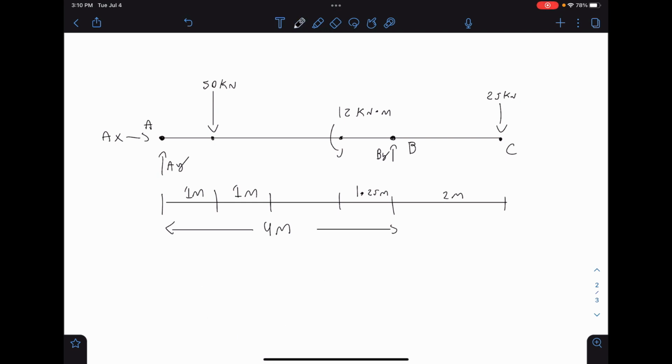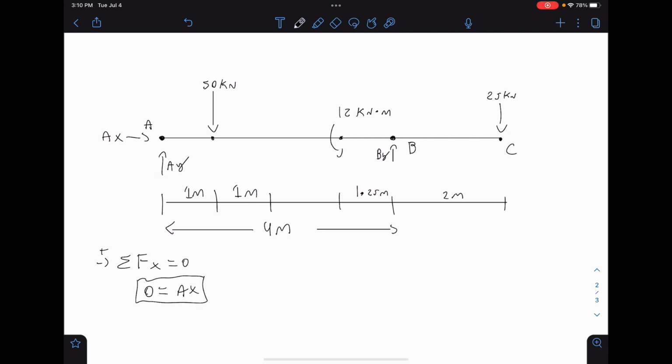Now we have to use our equilibrium equations to find each of the forces. So let's do the x direction first. So the sum of Fx is equal to 0. 0 equals, and now let's find all our x forces. Oh, we only have 1, right? So Ax is equal to 0.